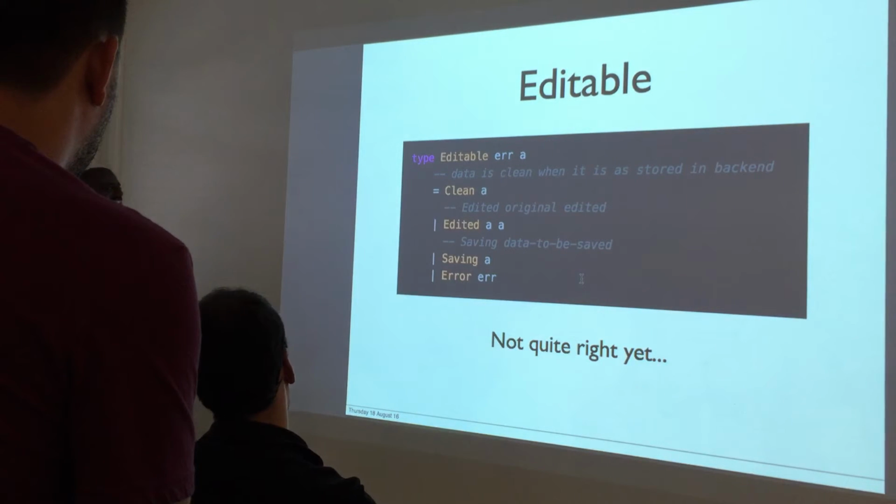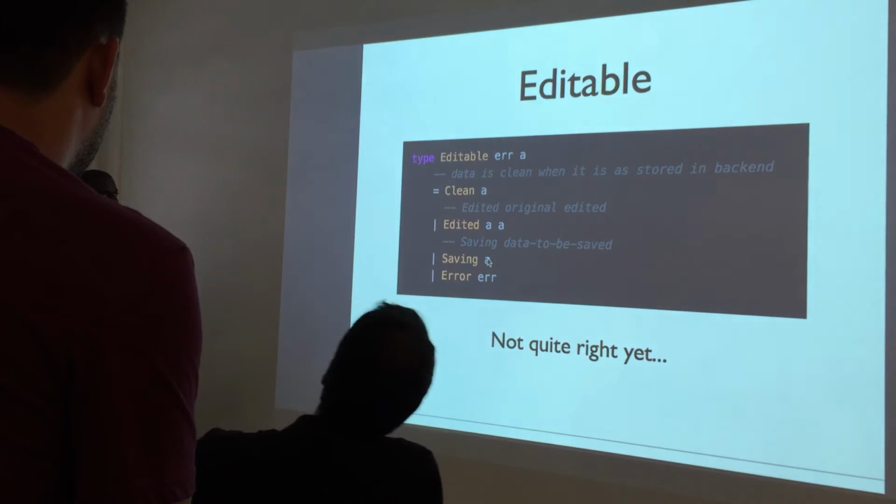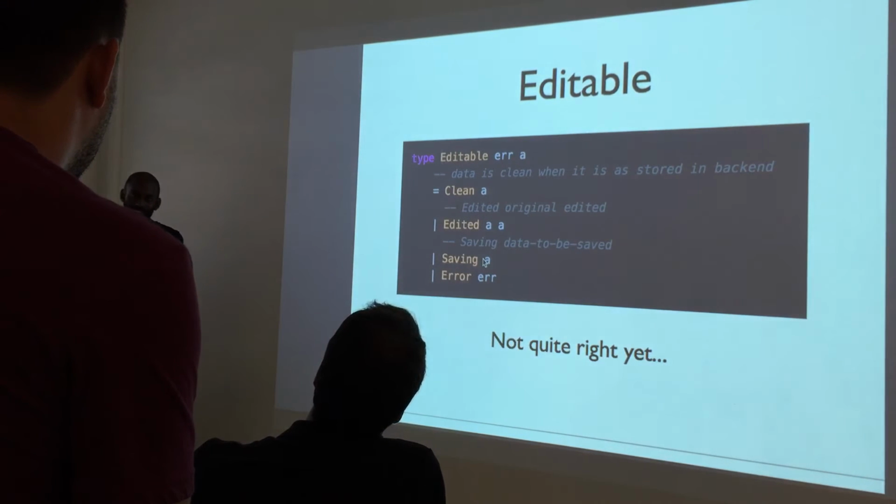And if you're saving, or if there was an error, you can't go back. So you probably will also need an extra field here to have the original value stored, just to go back or to not lose your edits. This would also mean that in Saving you would also have to store the original. It's not quite clean yet, but maybe we can talk about this later.